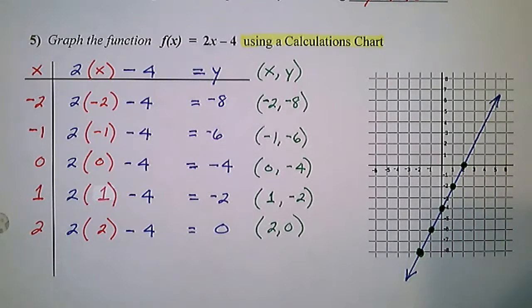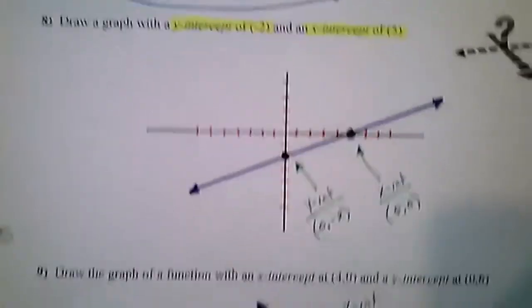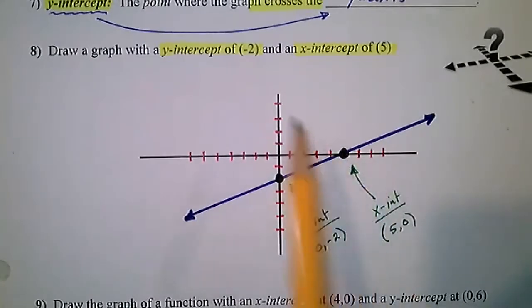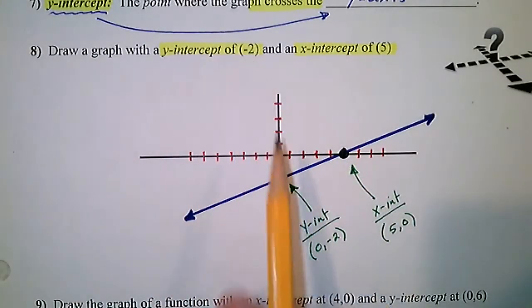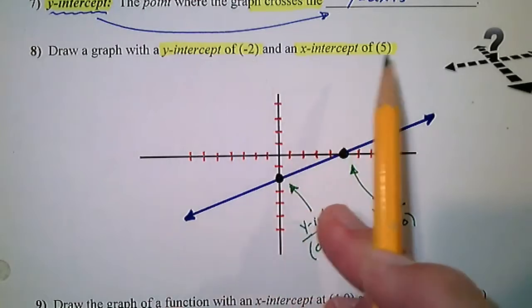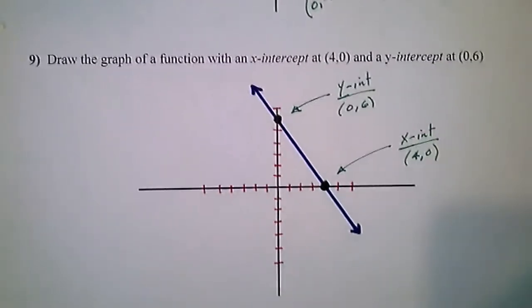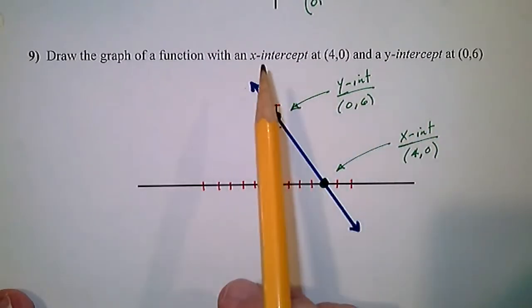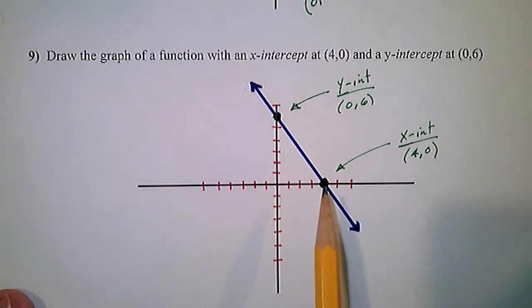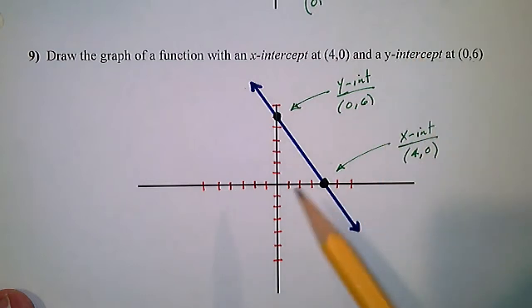I gave you the y-intercept of -2 and the x-intercept at 5, and then we graphed that line. And then we did it again right here with an x-intercept at 4, 0 and a y-intercept at 0, 6, and we graphed our line.